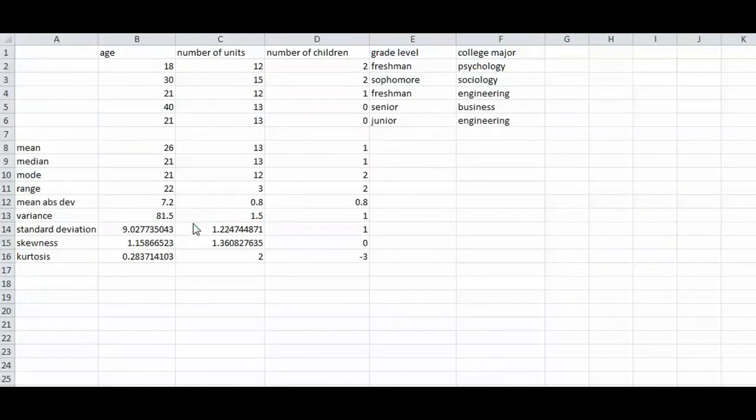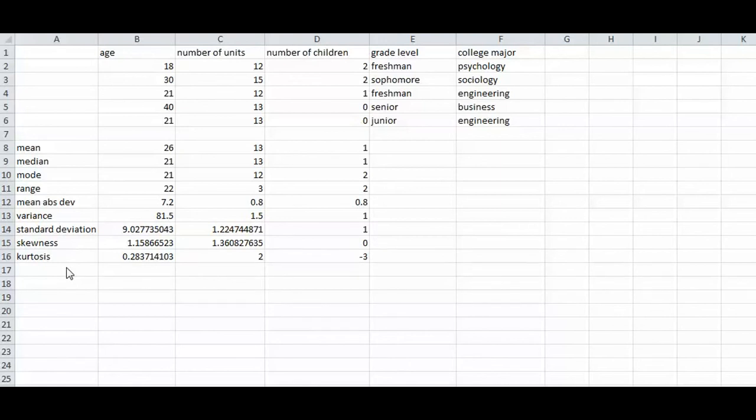This is the data set that we were looking at in one of the other videos. It's just a data set with some made up data values. And I showed you how to calculate all of these values with these 3 columns of data. I didn't explain the values for skewness and kurtosis, meaning I didn't show you how to calculate those values by hand, because I just wanted you to understand the idea behind what those values are showing.